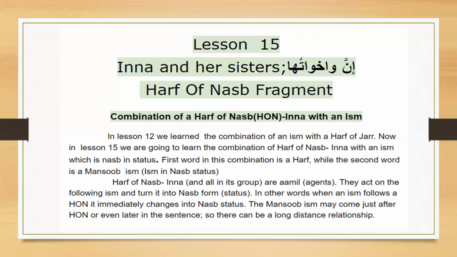Like harf of jar causes the following ism to turn into jar status. The harf of jar makes the following ism majroor. The same way, these harf that we are going to study today act on the following ism and turn it into nasb form. In other words, when an ism follows harf of nasb in a sentence, it immediately changes into nasb status.